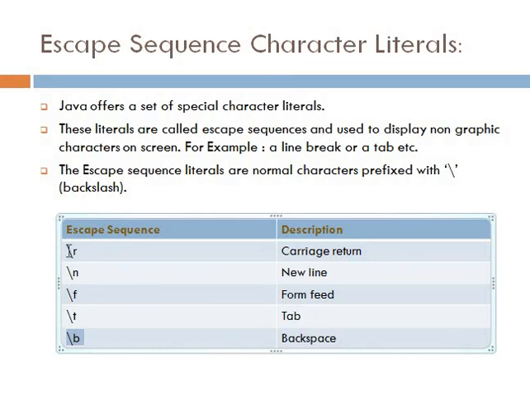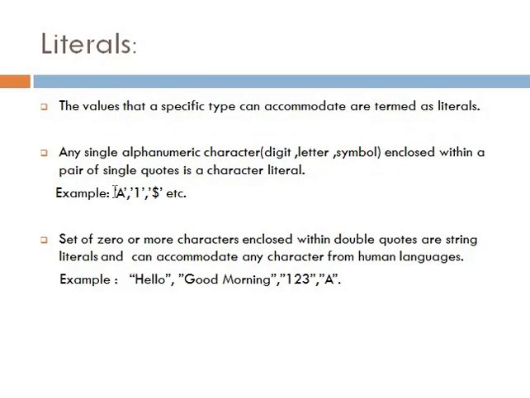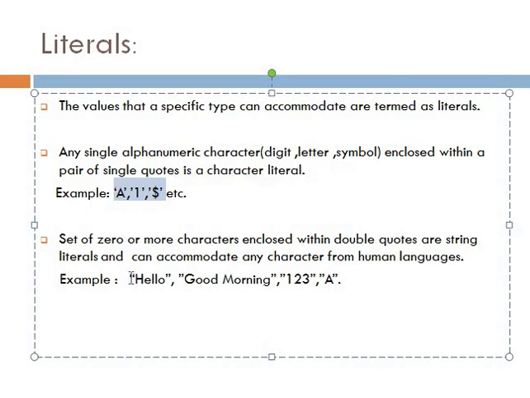Now if you look at each of these escape sequences starting from \r, \n, \f till \b, they are not visible to us as graphical characters on the screen because they are in the form of spaces, new lines, and carriage returns. But these literals are visible to us as graphical characters on the screen.